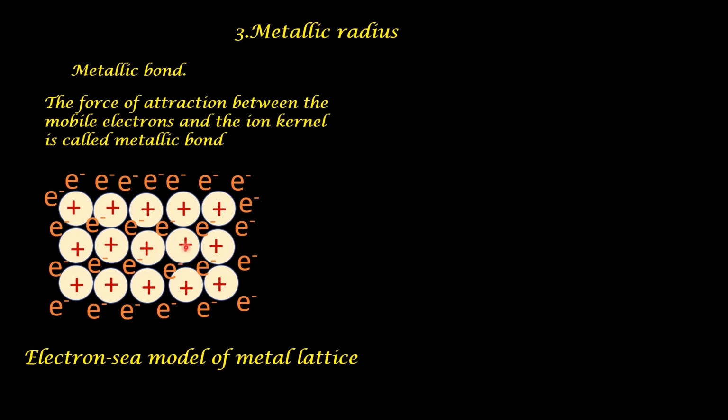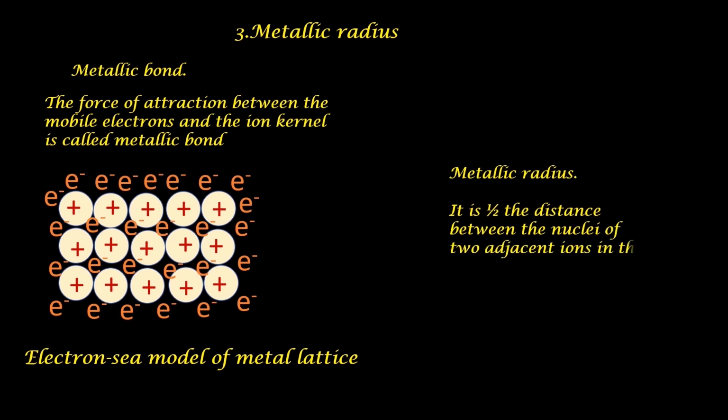Half the internuclear distance of two adjacent ions in a metallic substance is what you call the metallic radius. So when you give the definition, it is half the distance between the nuclei of two adjacent ions in the metal lattice. The metallic radius is always longer than covalent radius.